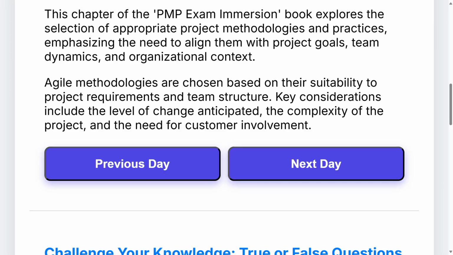Agile methods are chosen based on their suitability to project requirements and team structure. Key considerations include the level of change anticipated, the complexity of the project, as I showed you in the Stacey model, and the need for customer involvement.